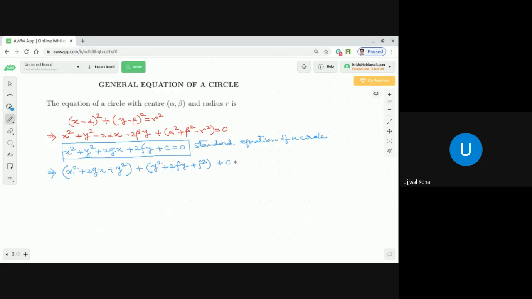Then what we did, we included g square and f square, so we should subtract minus f square minus g square, that is equal to 0.